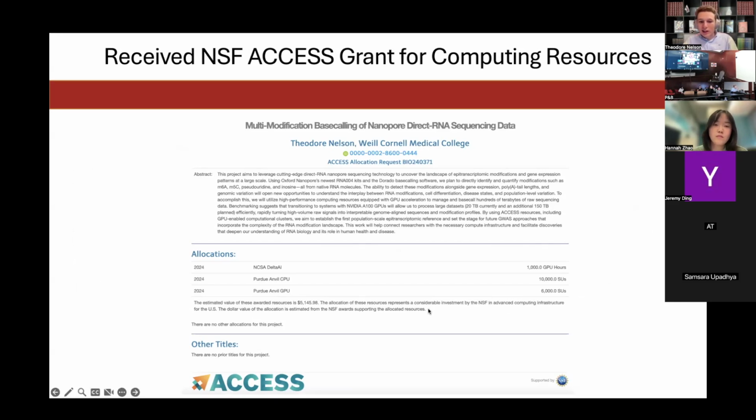I can add you to the plan if you make an account on NSF Access, and I can add you to the Purdue Anvil CPU and GPU resources to help with computational processing. All of the base calling for those projects will be done in advance for you, but the CPU time might still be useful for working with the modbed files and the like. Very GPU and CPU intensive, yeah.